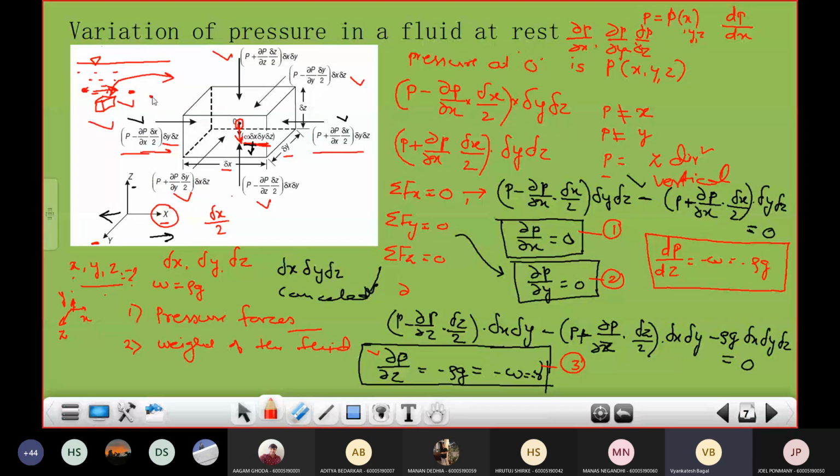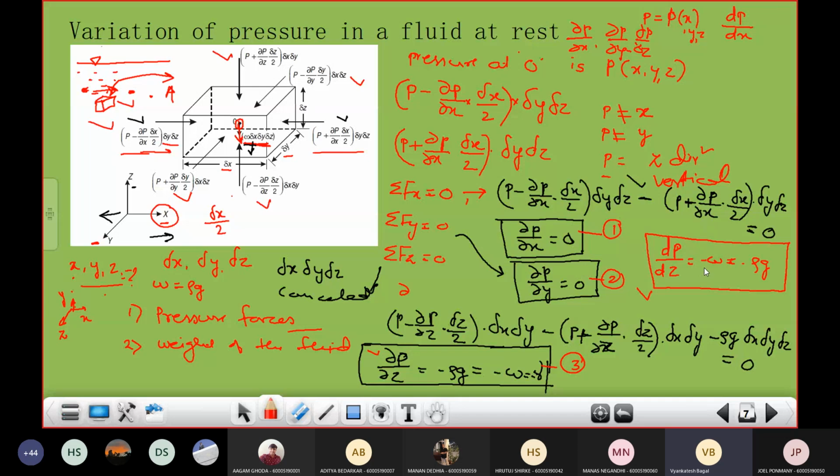So suppose I am taking this point, then the rate of change of pressure along the vertical direction is going to be equal to the specific weight of the fluid at that particular location or point. This is what the hydrostatic law is. Is it clear?